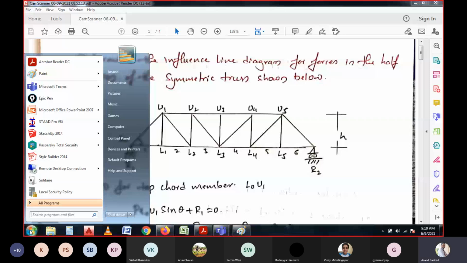U3 and L3 will have the symmetric section. So here, if you see, this is a section. This part will be considered for the analysis, and the same thing will be referred for the other section.